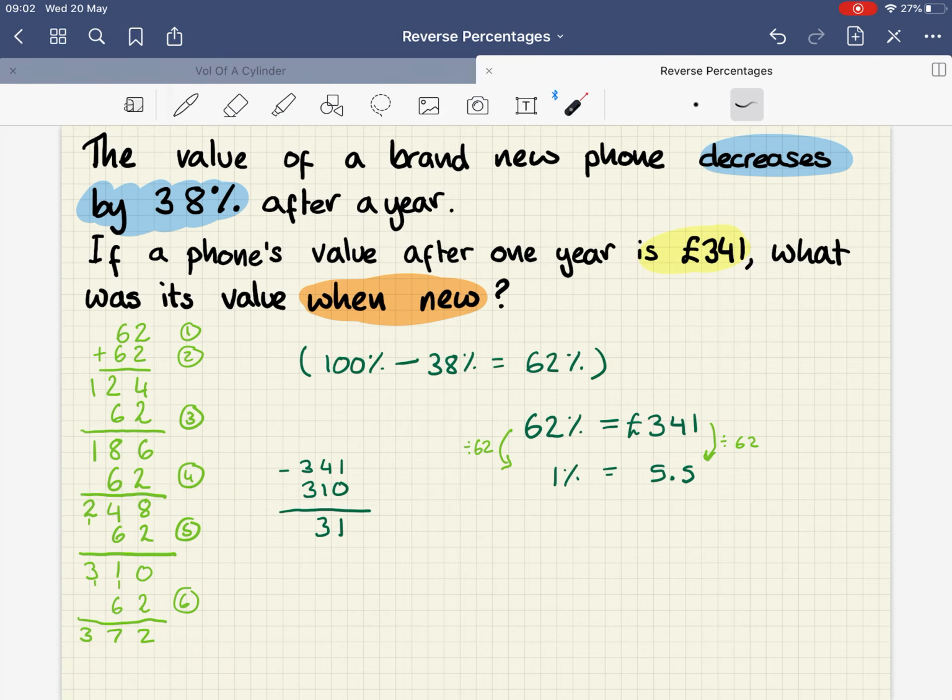But it is always good to check by doing this subtraction and seeing if your leftover is half of your percentage. And now I can finish my question really nice and easy and do 100%. So multiplying that by 100. So it was originally £550.